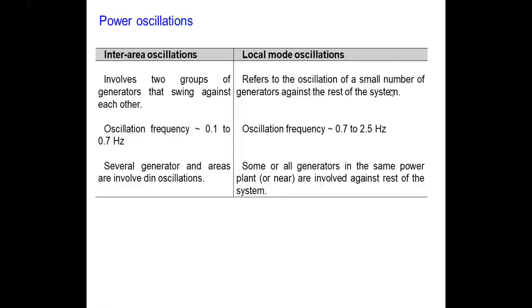You will not observe the oscillation in the power flow that exists between the power plant and the rest of the system. But inter-area oscillations, you will observe even in the tie line. That means the transmission line that connects the areas. You will observe the oscillation in that tie line. But local mode oscillations, you will not observe in the tie line. It will stay local in the power plant, you can say.